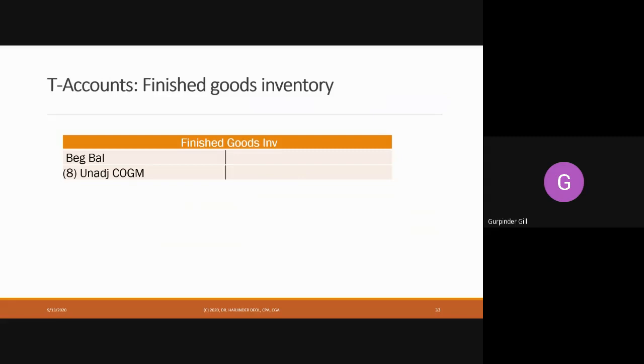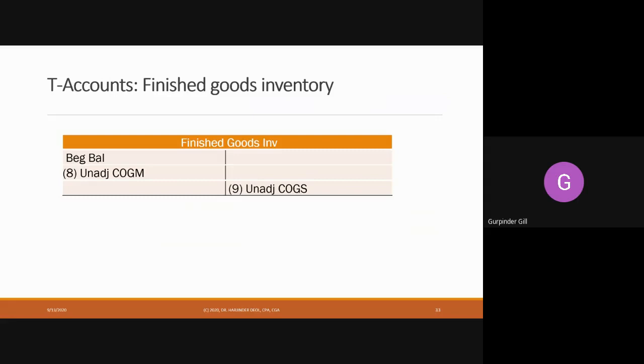Okay, so when these goods are completed, they are ready to be sold. And when these goods are sold, then they move out of the finished goods inventory account into our cost of goods sold. So the credit, which is your unadjusted cost of goods sold, is the movement where we are moving our finished goods inventory from this account and now they're sold.